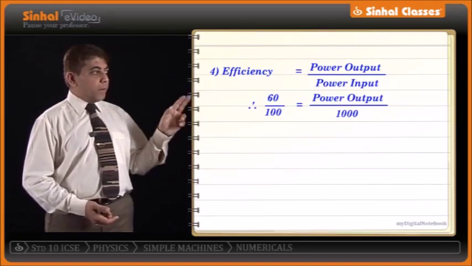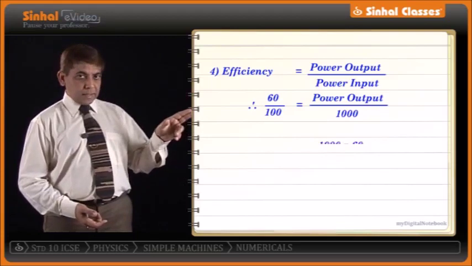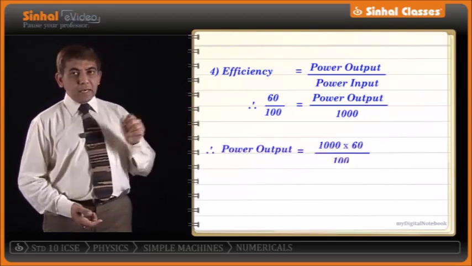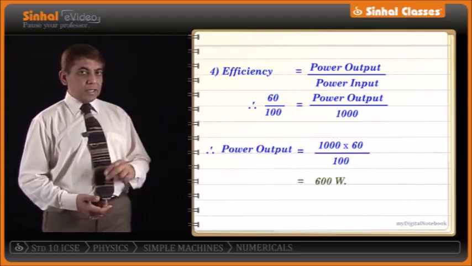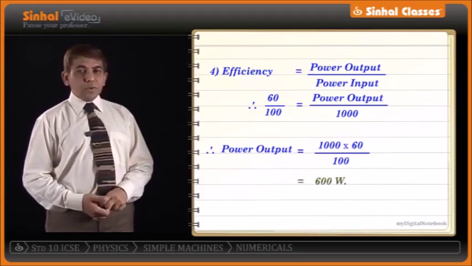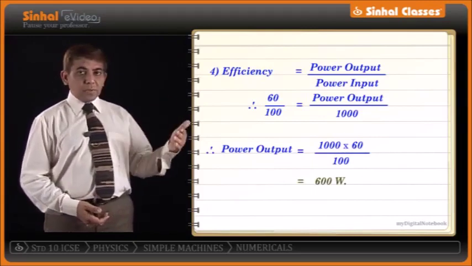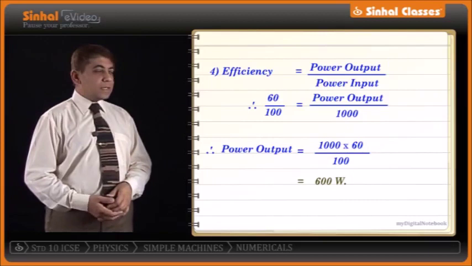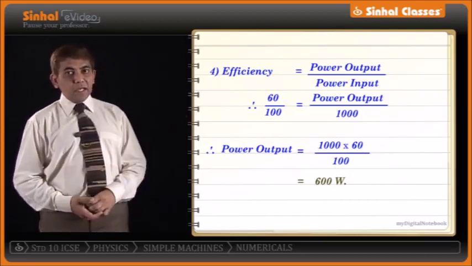Substituting the value, power output is equal to 1000 multiplied by 60 divided by 100, equals to 600 watt. So the power output that is obtained from this system is 600 watt if the system is 60% efficient.